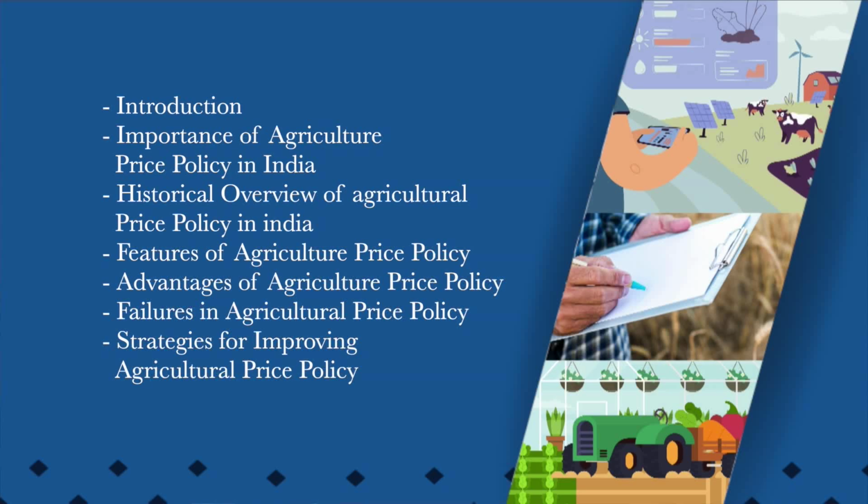Then features of agricultural price policy, advantages of agricultural price policy, and the factors that lead to failures of agricultural price policy in India. And lastly, I will try to explain the strategies for improving agricultural price policy.